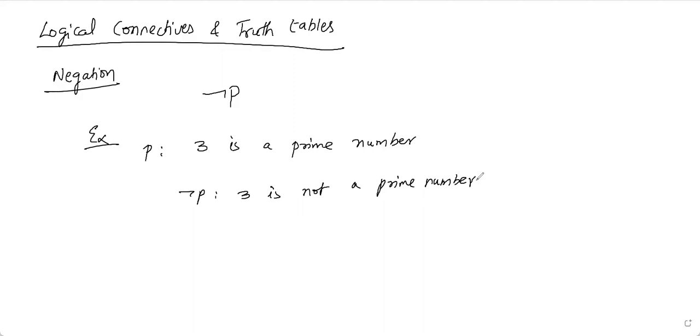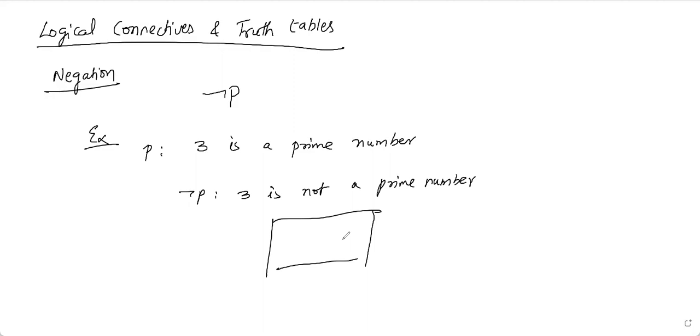Let us look at the truth table for this. If P is true, then not P is false. If P is false, then not P is true.